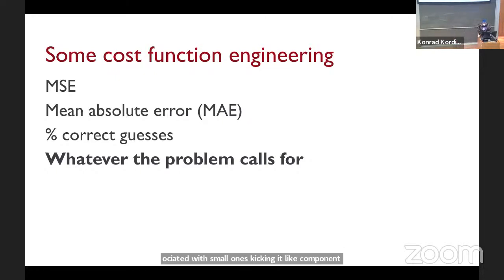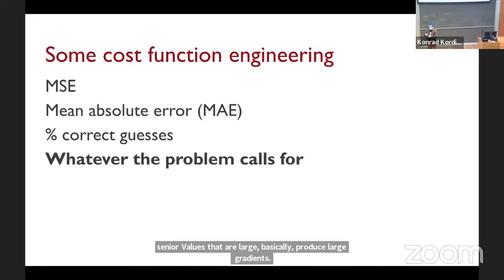So the tutorials also spoke a little about cost function engineering. Yes? Why is it that singular values that are higher kick in earlier and singular values that are lower kick in later? Is there a reason? Yes. The singular values that are large in the inputs basically produce large gradients.